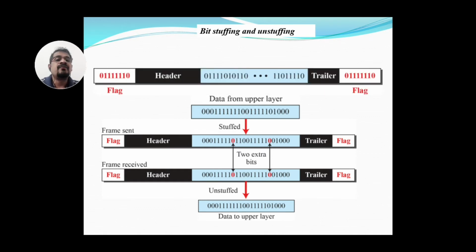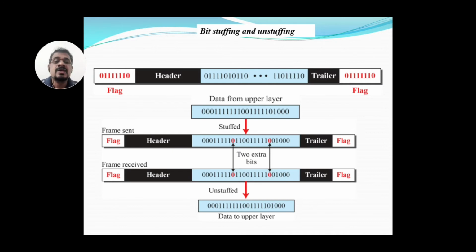The flag pattern in the HDLC protocol is 0, six 1s, and 0. Whatever the frame, it starts with that flag and ends with the same flag. In between, the information may contain 1500 bits. In those 1500 bits, there is a possibility that the same 0, six 1s, 0 pattern may occur.